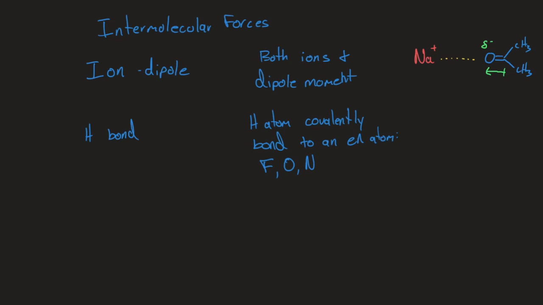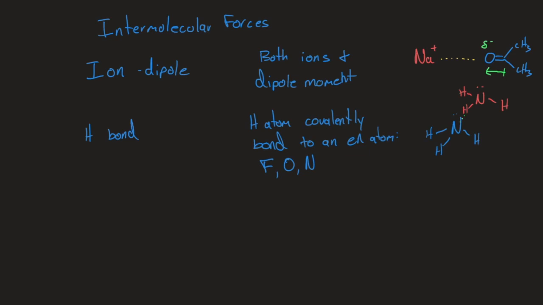So an example of this, we could look at ammonia. Ammonia is NH3. And that has an intermolecular force with another ammonia, where the positive charge on hydrogen is going to be attracted to the negative charge on another nitrogen, like this.